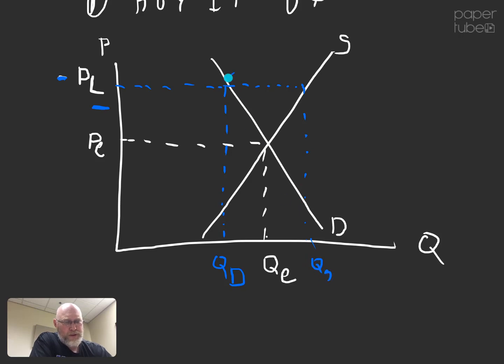And the difference between the two is thus a surplus. The government would use this loan concept scheme as a way to basically buy up all the surplus. And when they buy up all the surplus, they in effect push the price up to the loan rate, thereby guaranteeing the farmer that they will have that money.